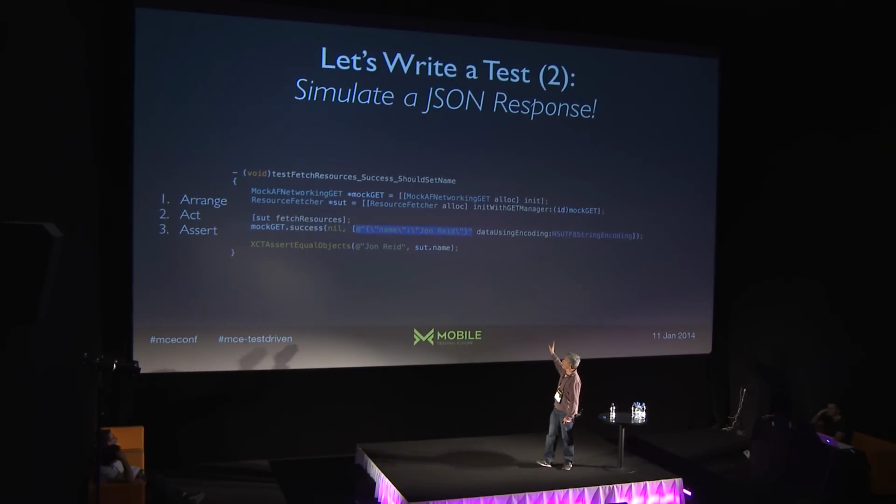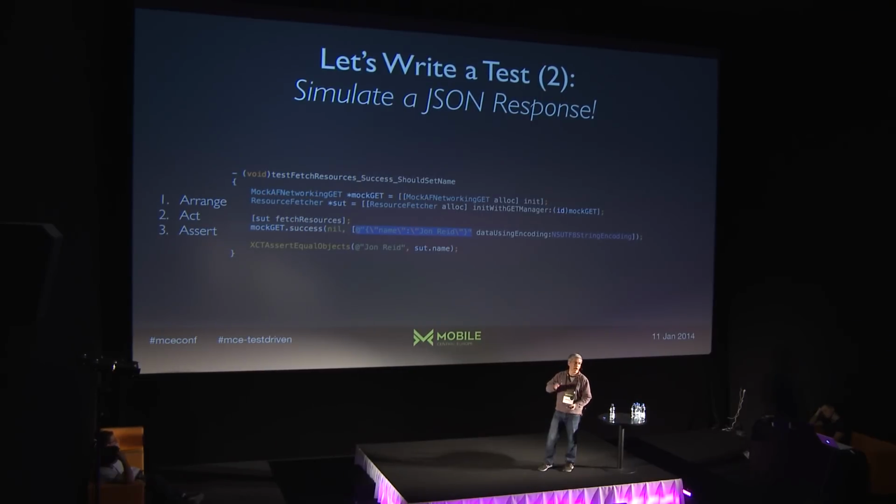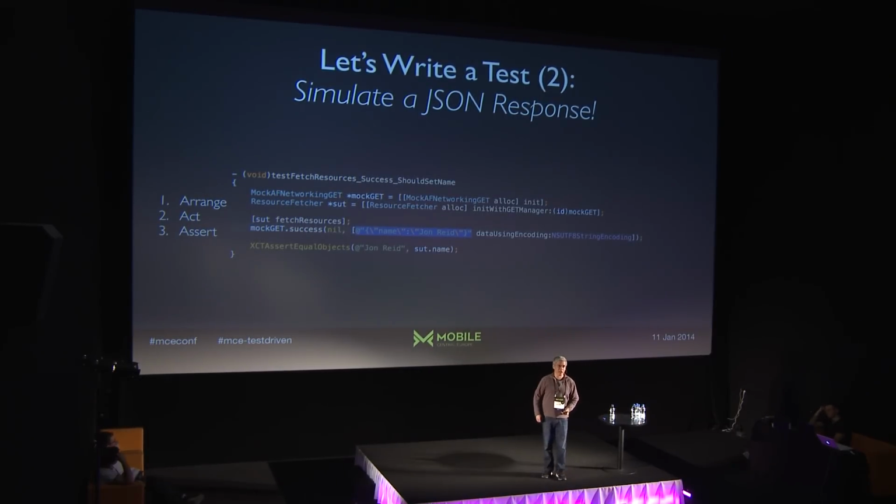The second argument is some JSON that gets transformed into NSData. And so I say, if the name is Jon Reid, and let's pretend that's what we got back from the server, now I can ask the SUT, hey, your name should be Jon Reid now. Yes? Yes, okay.